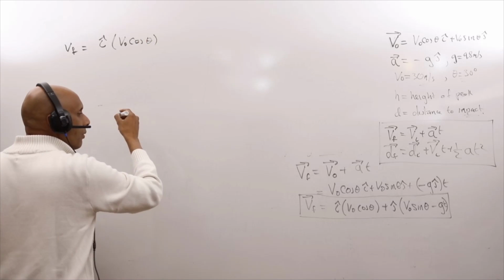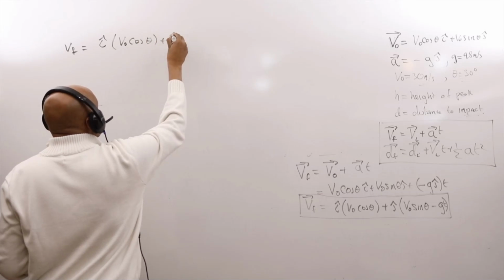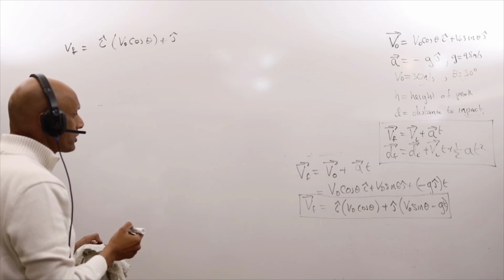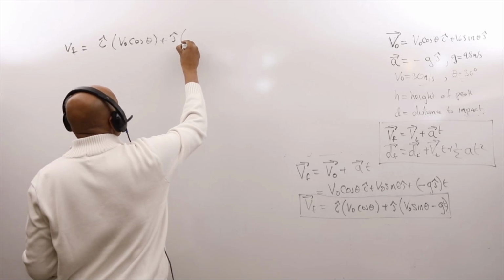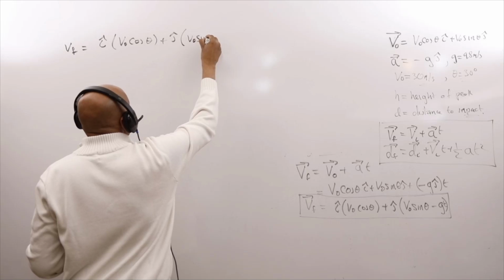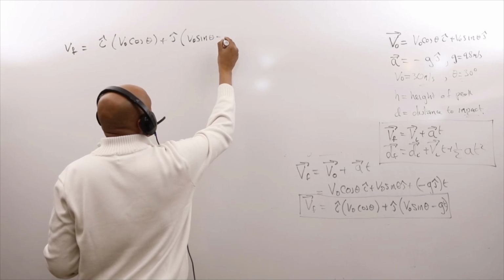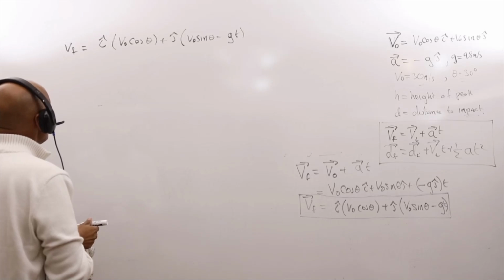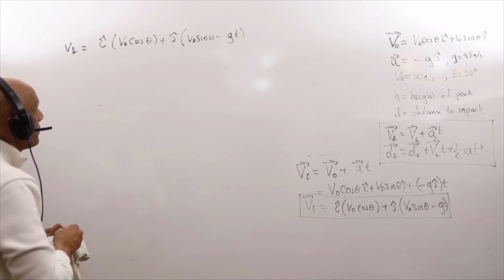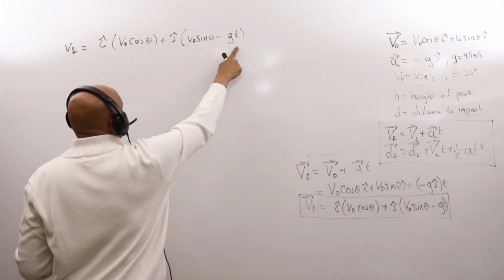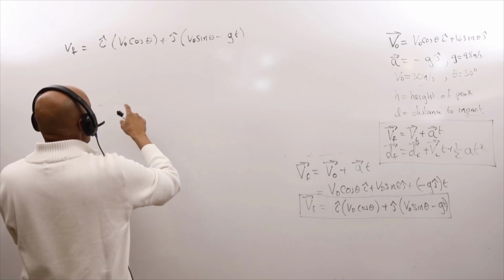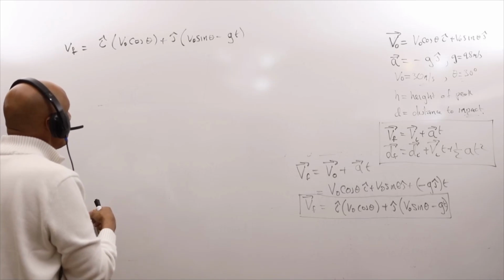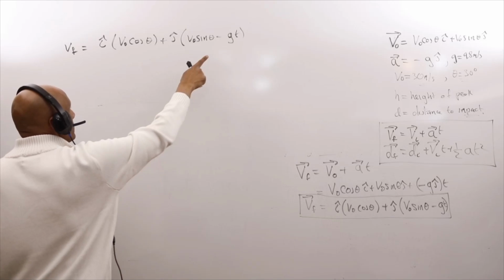It's important that you remember that we're never going to substitute actual numbers into these equations, because we want to substitute in the last step. Here is V0 sine of theta minus g t. I don't know what t is because this is the velocity at any time t. So for example, if t is equal to 0, then we have the initial velocity just as the ball leaves the cannon, the barrel of the cannon, when t is equal to 0.